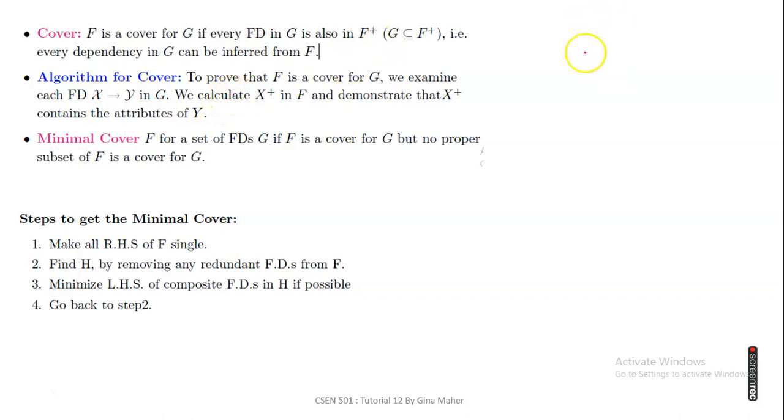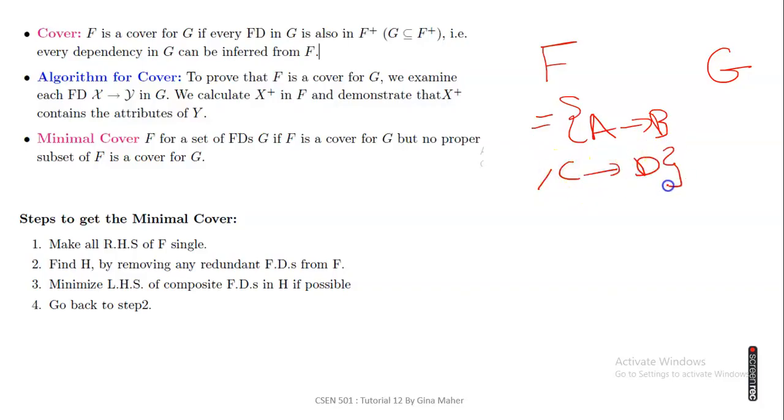For example, if we have G and F, with F having A implies B, C implies D, and in G we have A implies B, C implies D. If the functional dependencies here are found there, then F is a cover for G. Okay? In order to check whether F is a cover for G or not, we need to do something.